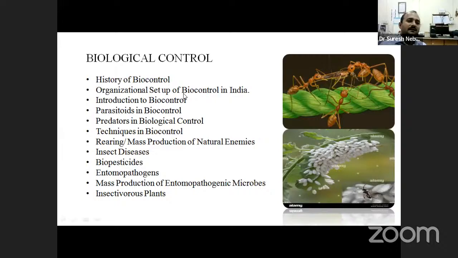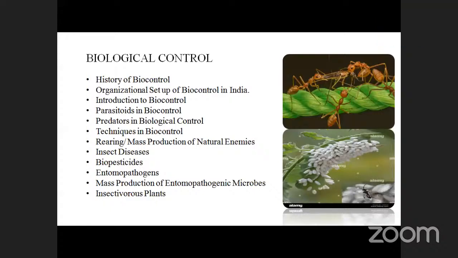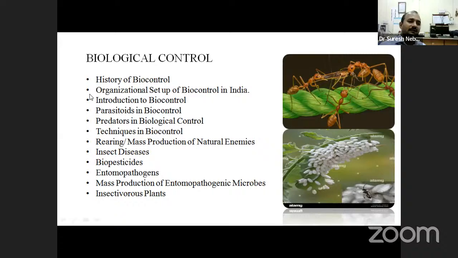Then the organizational setup of biocontrol in India. Right from PDBC, you should know PDBC and how it is now NBAII. From PDBC, what name was changed, what is the current name, and any other aspects of biocontrol in India.